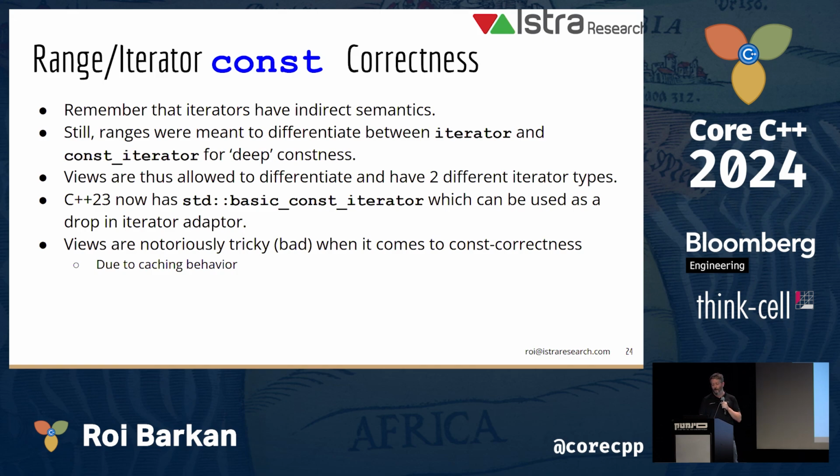So the call to begin needs to cache some items, and caching changes the state, so caching cannot be const. Another thing has to do with owning view versus ref view. Owning view and ref view are both the result of calling all, but obviously a const owning view cannot really change its elements, while a const ref view can change its elements because it's just a reference. Again, see Nico for more details.